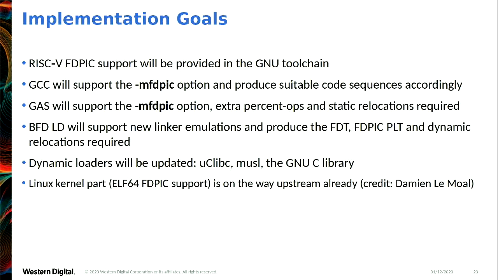BFD ld will support that as well, and we're going to update the dynamic loaders in the various C libraries. Most likely uClibc will be the first one supported, then musl and the GNU C library. The Linux kernel part is on its way upstream. We need the kernel part first, but anyway, we can work with a patch, no problem at all.